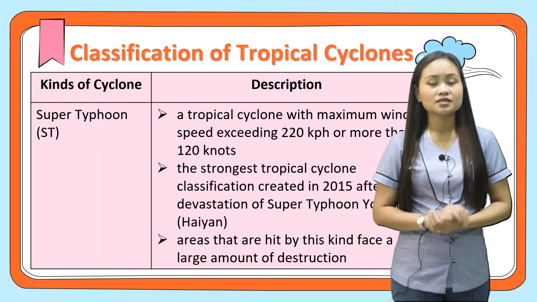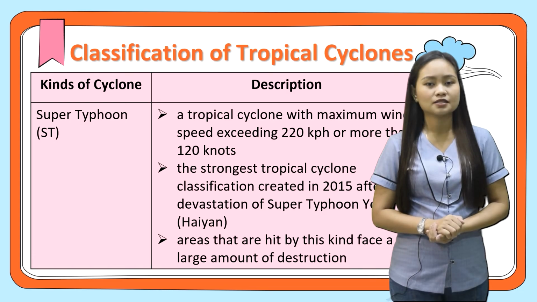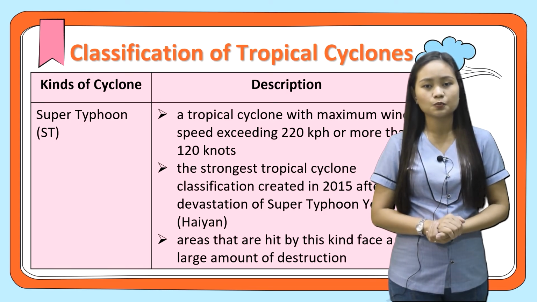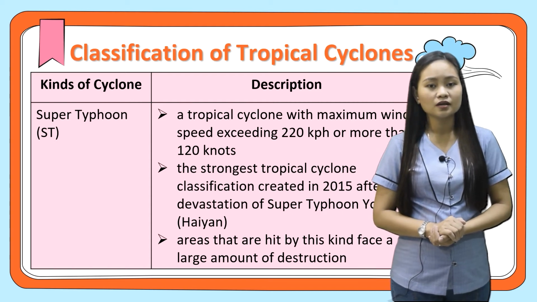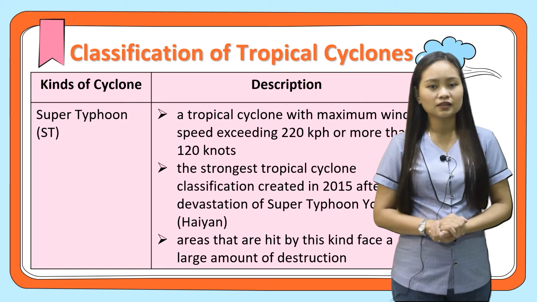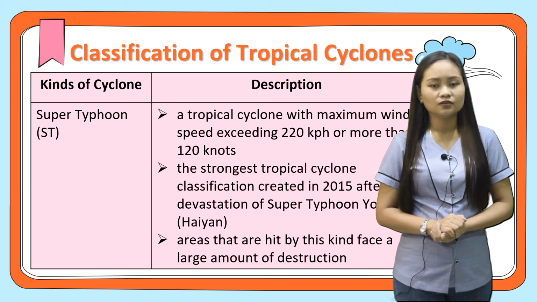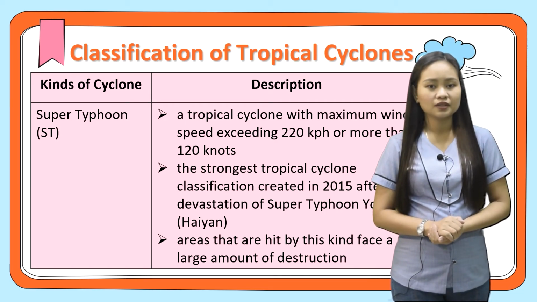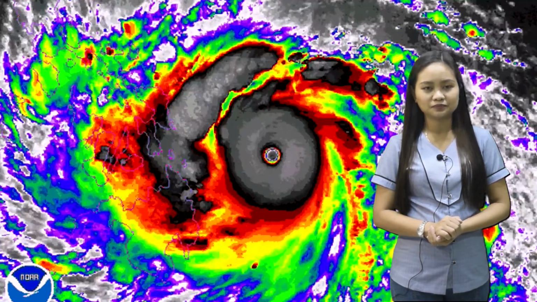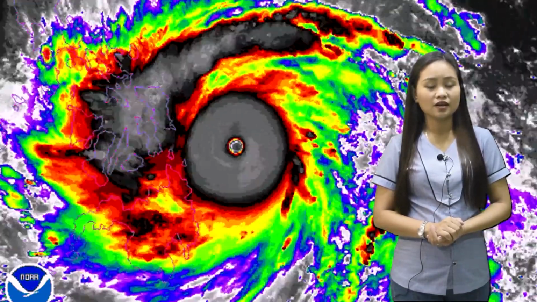Super typhoon is a tropical cyclone with maximum wind speed exceeding 220 kilometers per hour or more than 120 knots. It is the strongest tropical cyclone classification, created in 2015 after the devastation of Super Typhoon Yolanda, or Haiyan. Areas that are hit by this kind face a large amount of destruction.